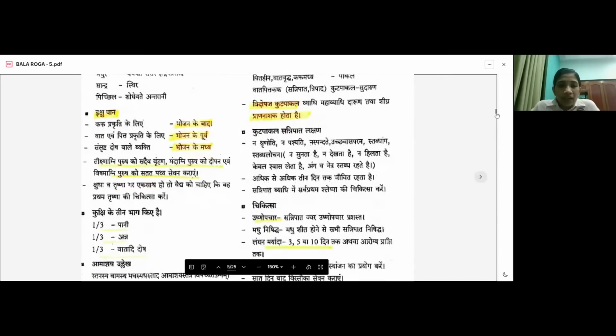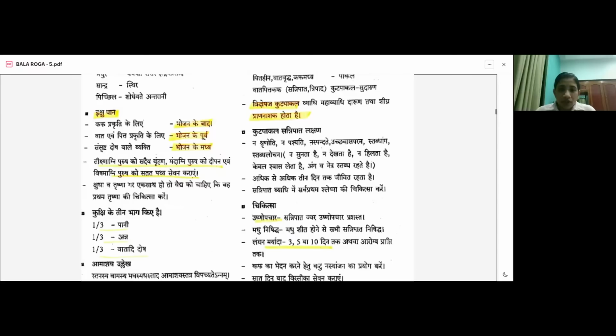And in Tikshnagni Purush ko, sadaiva Brimhana, Mandagni Purush ko, Deepana, evam, Vishamagni Purush ko, sada hi Pathya sevan karai. So, in case of Tikshnagni, the treatment we can always adopt is Brimhana treatment, and in Mandagni person we can always adopt Deepana treatment, and in case of Vishamagni, Pathya Sevana is recommended.